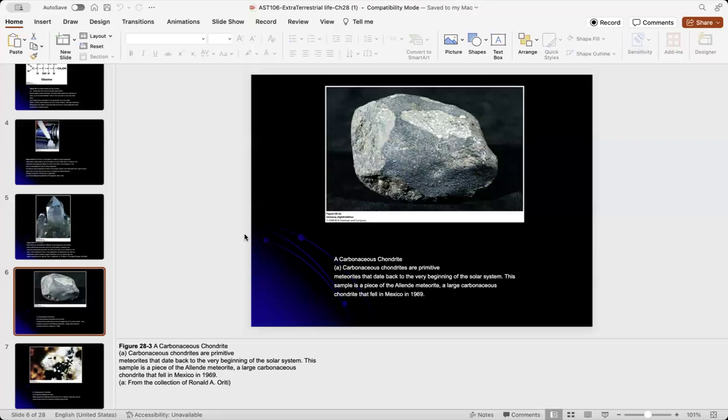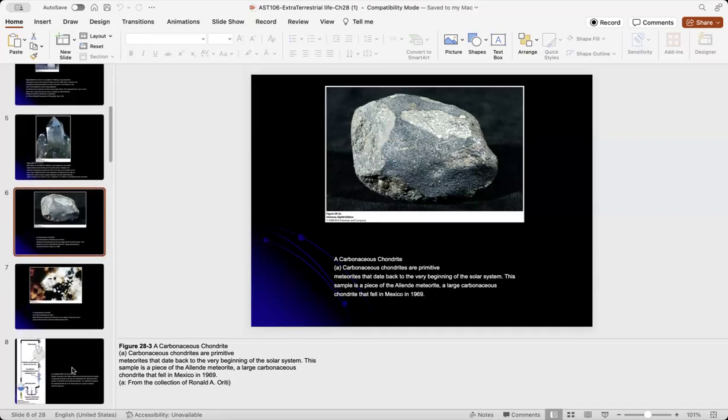This sample is a piece of the Allende meteorite, a large carbonaceous chondrite that fell in Mexico in 1969. Because of studying this and finding these carbonaceous chondrites, it is thought that some meteorite brought the necessary molecules to Earth to produce life.